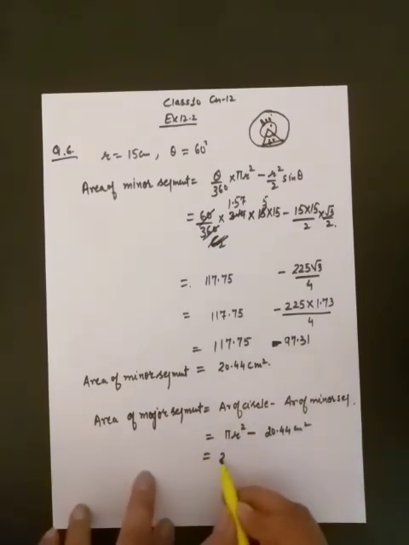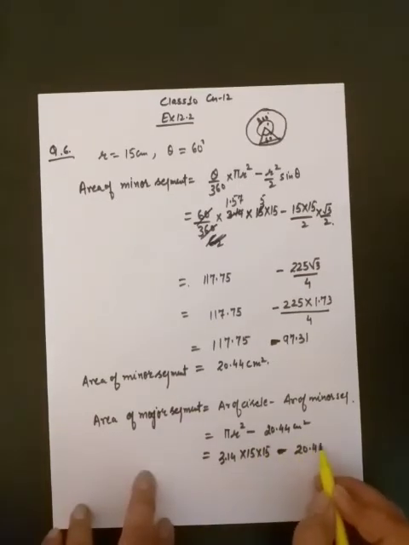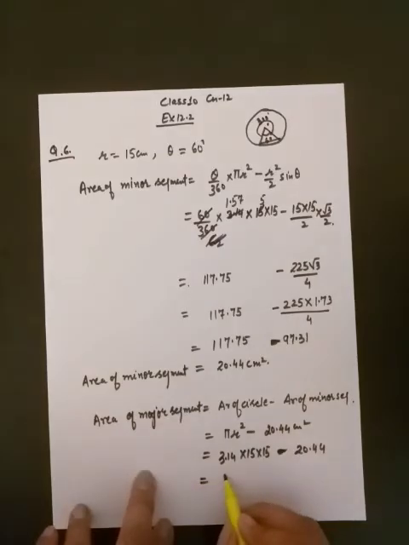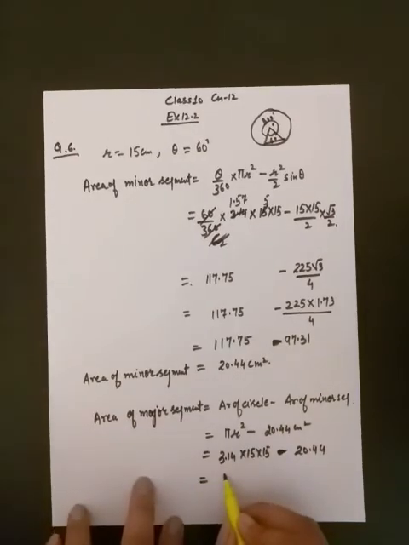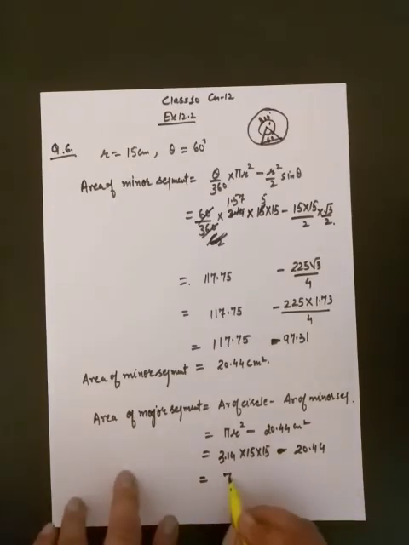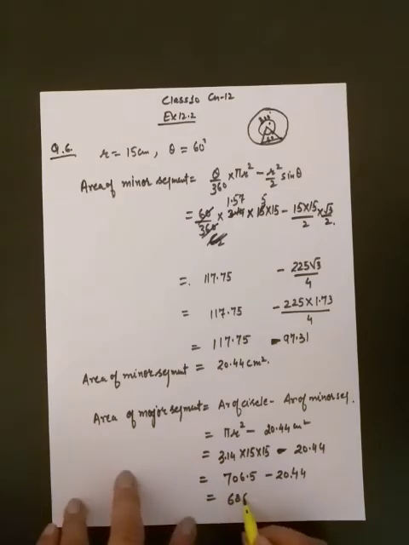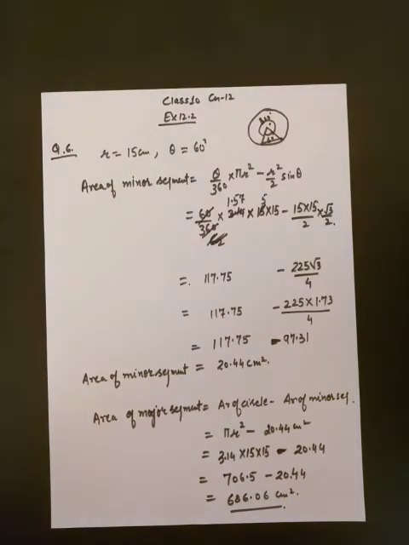Now we have to take pi 3.14 into 15 into 15. And now we will calculate this value and it will be 706.5 minus 20.44, and when we subtract this value we will get 686.06 centimeter square. So this is the area of major segment.